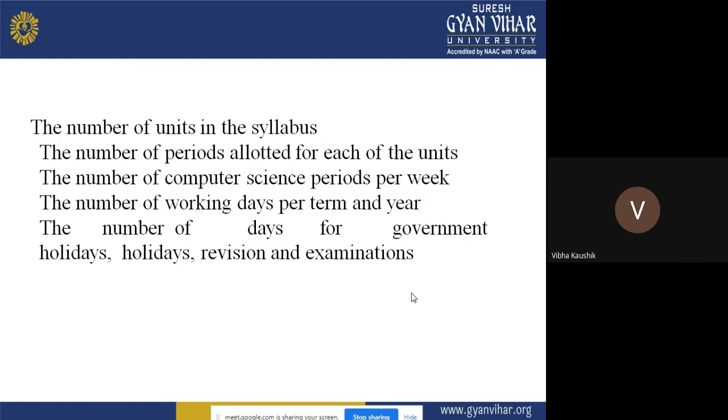holidays, revision, and examination. Now, the working days, as we have discussed, exclude the government holidays, any other holidays, revision classes, how many revisions are required, and examination, how much time will be given for the conduct of it.